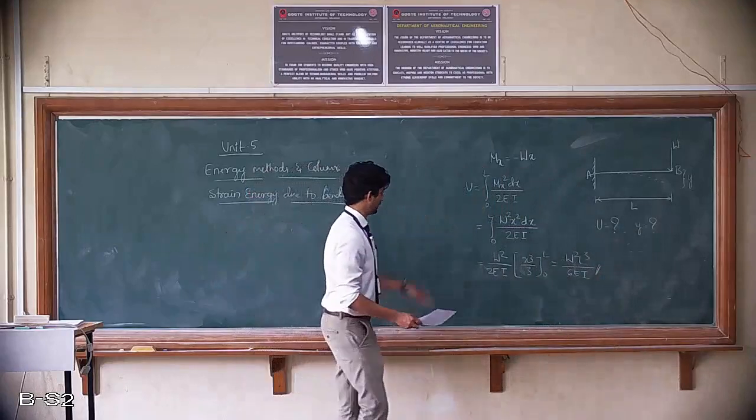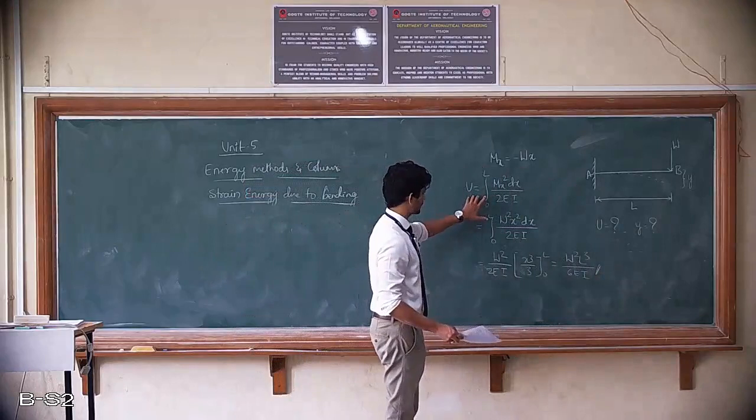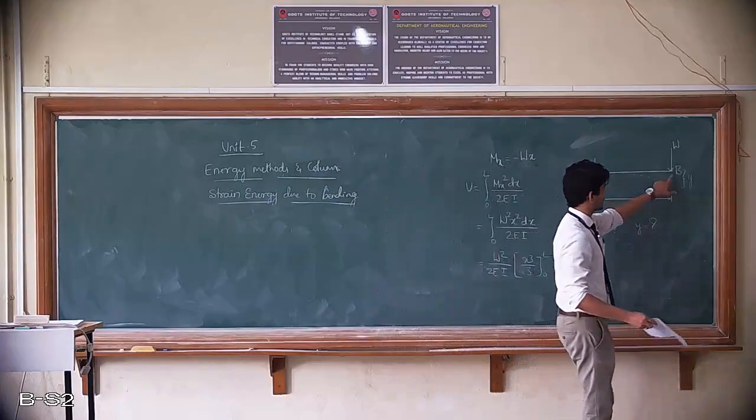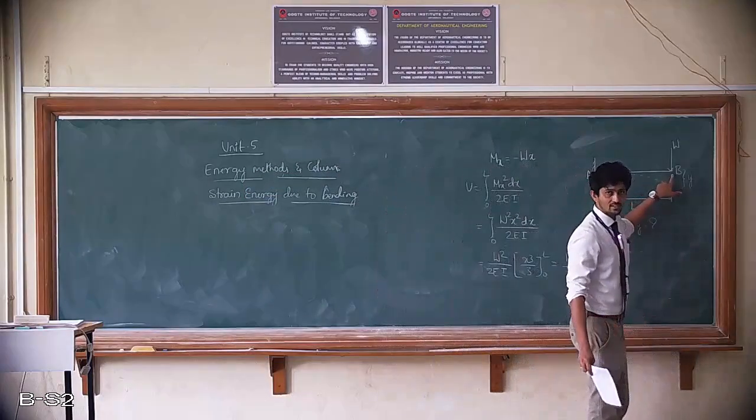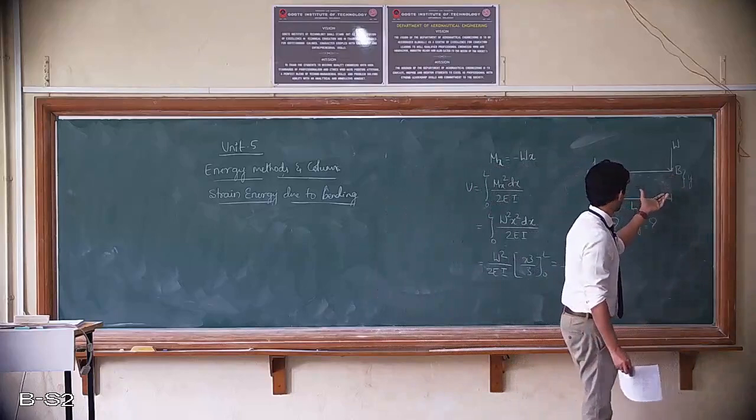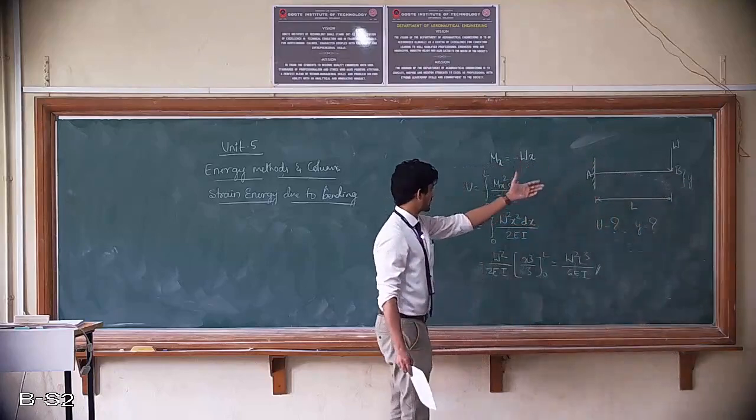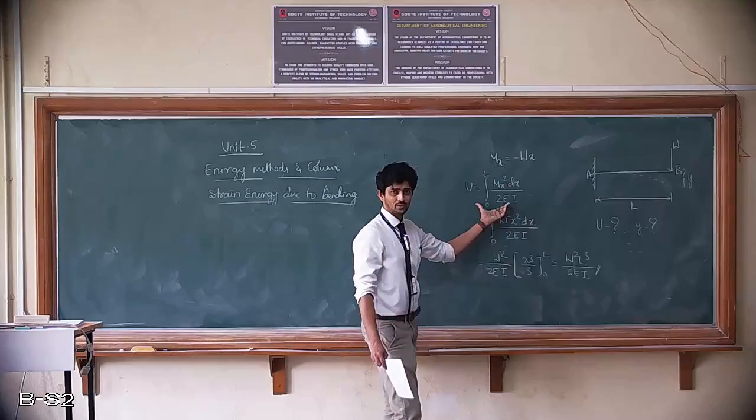See, it's very simple. We have used the strain energy equation which we just deduced due to bending. This is again bending. We have not considered a simply supported beam; we have considered a cantilever beam. Now for a cantilever beam, when a load is applied, the equation is going to be the same. It will not be different.